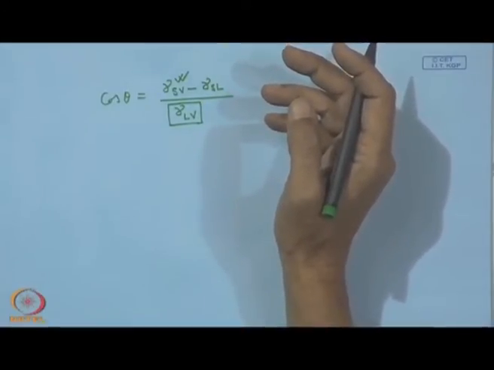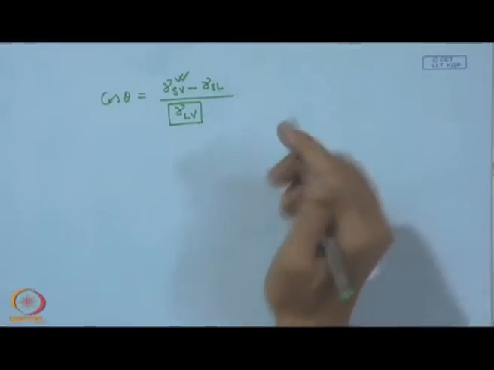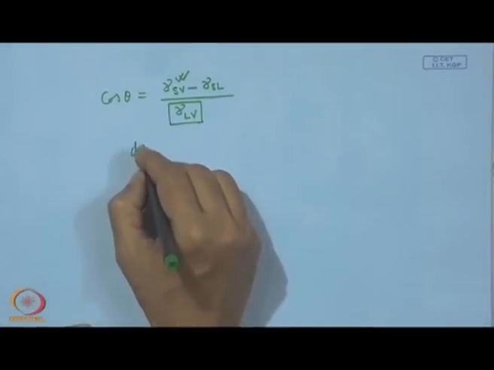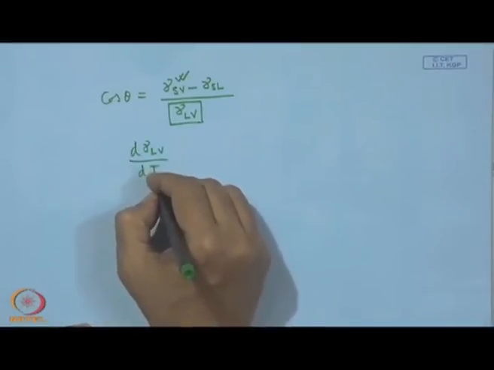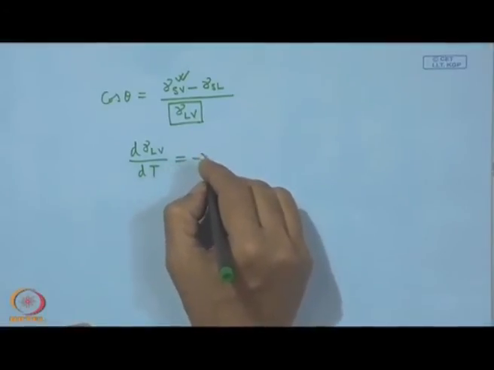So, from this point of view we can consider the effect of temperature on surface tension of the liquid, and this is the common experience. If we put in the differential form d gamma by dT, where T is the temperature, this happens to be a negative quantity.